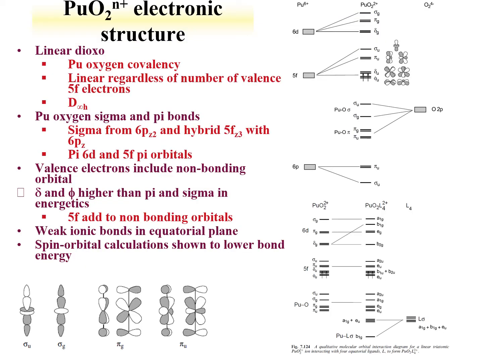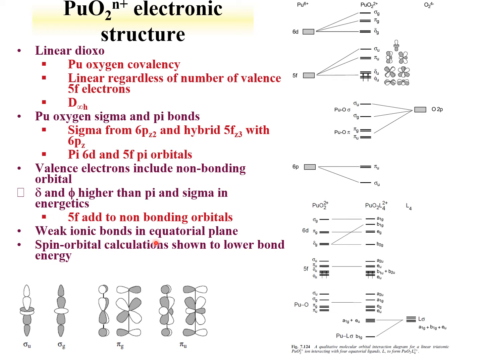And like the uranium system, the PuO2 2+ cation, the plutonyl structure, is also linear. The symmetry is the same as what you would expect for the uranyl system. The plutonium interacts with the oxygen, forming sigma and pi bonds, just as we saw in uranium.